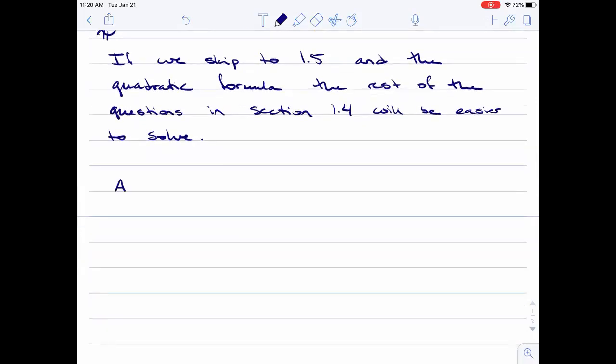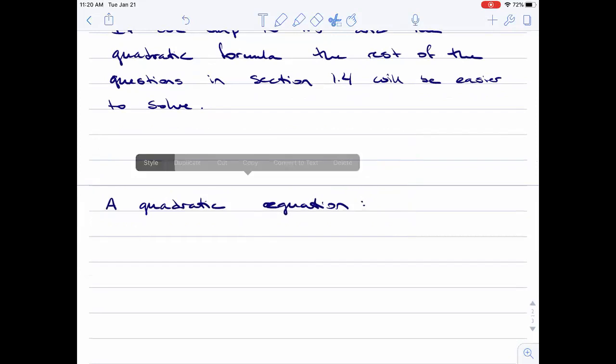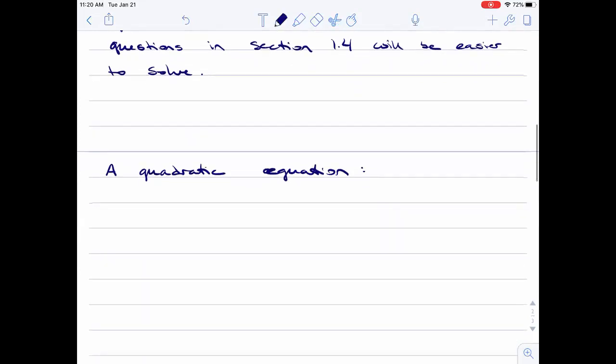So a quadratic equation, and this is from your notes, so you don't really have to write it like this, looks like ax squared plus bx plus c equals 0. This is a quadratic equation.